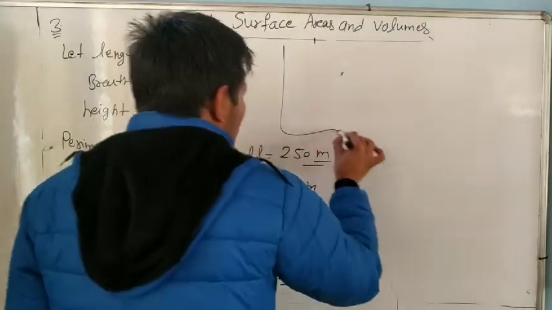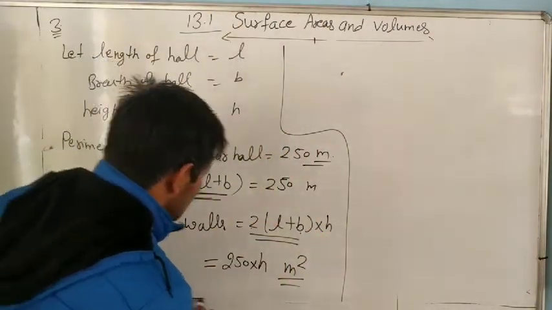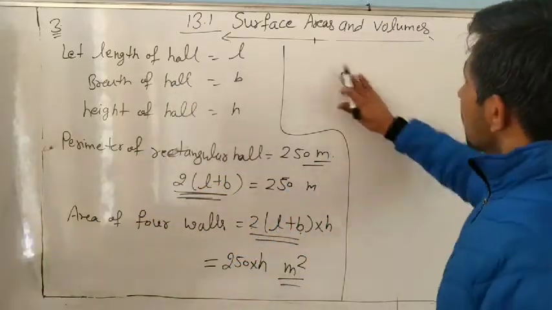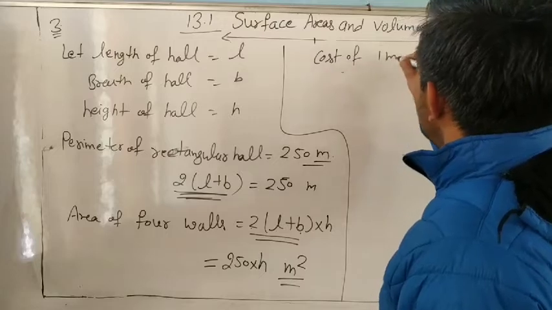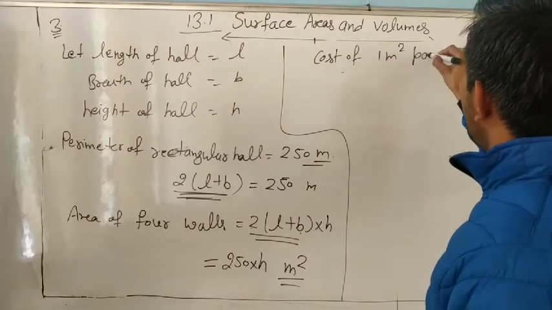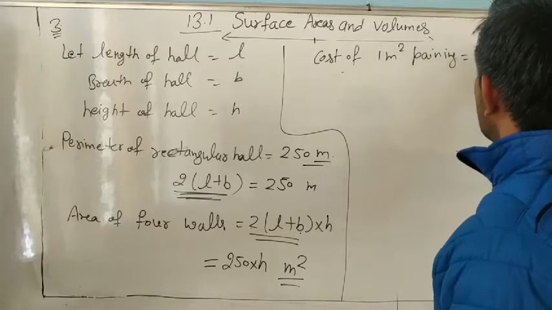In the question the cost of painting 1 meter square is 10 rupees.